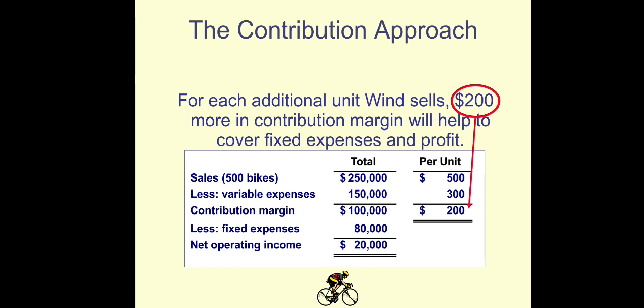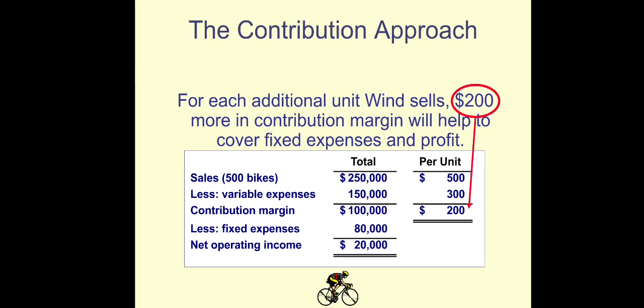The second thing that you can see here is the variable expenses or variable cost. Remember the definition of variable cost: variable cost is a cost that will change when the quantity of production changes. For this bicycle, the variable cost per unit is $300.